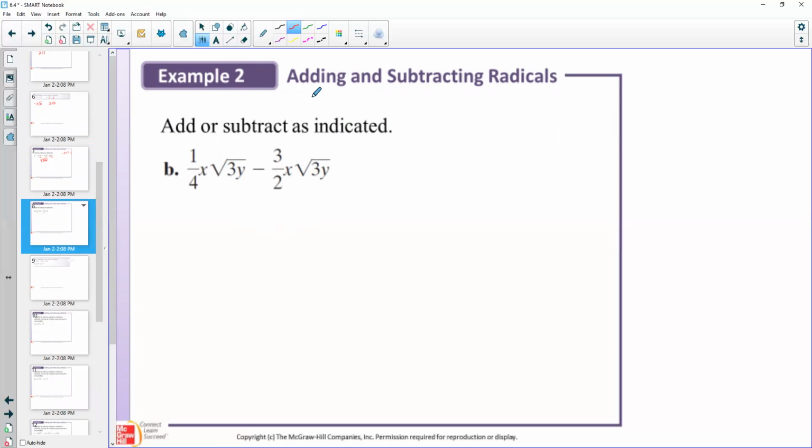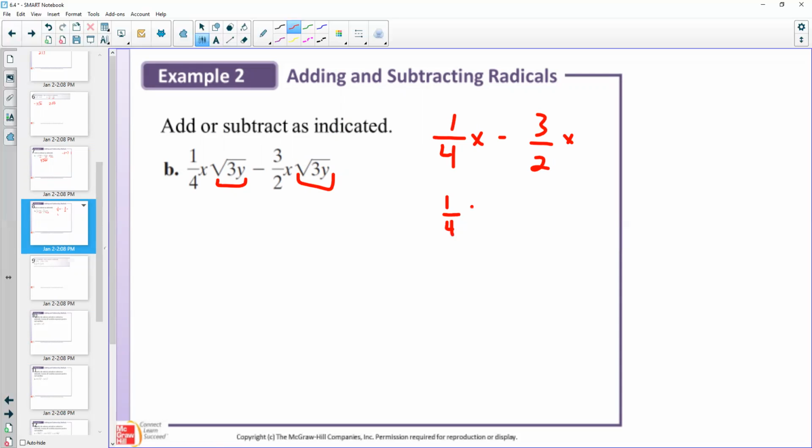This one looks scarier than it is. Here, what's under the radical is the same, square root of 3y, and that one. So I'm really just concerned about the numbers. I can think of it as 1/4 x minus 3/2 x. Well, I'd really just need a common denominator there, right?